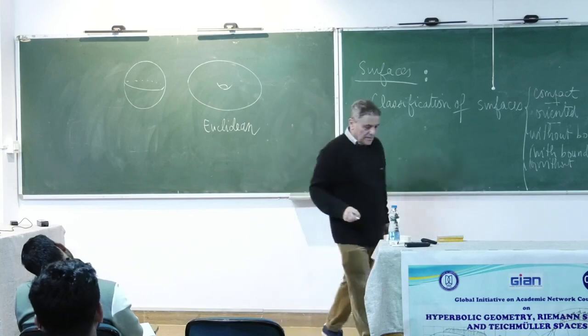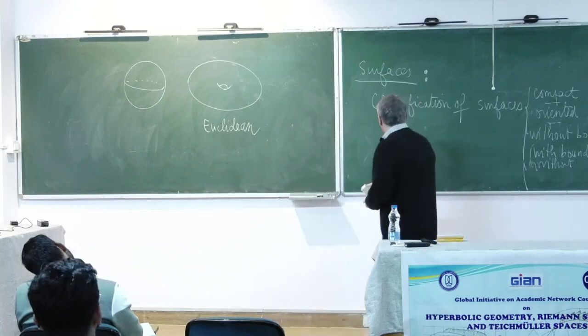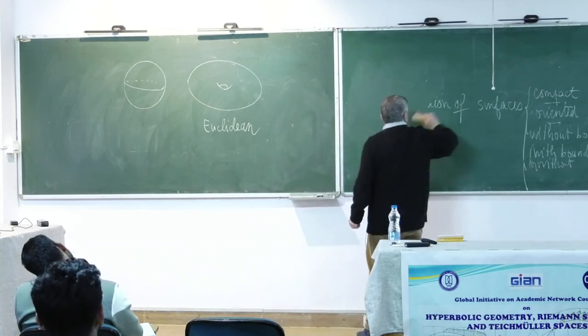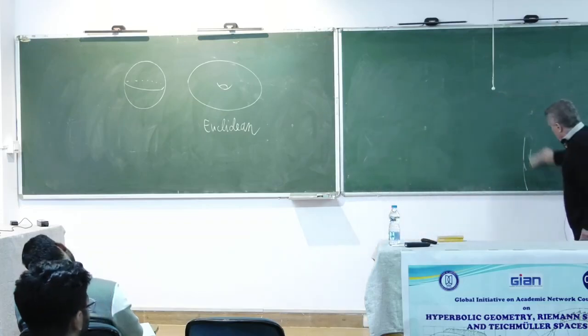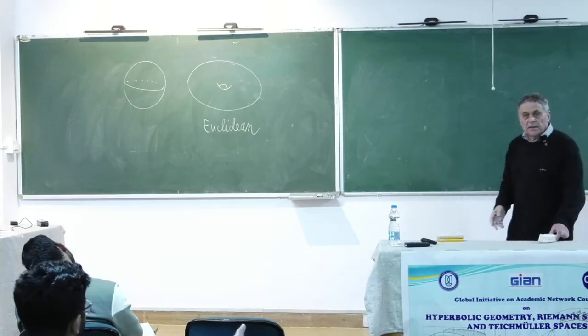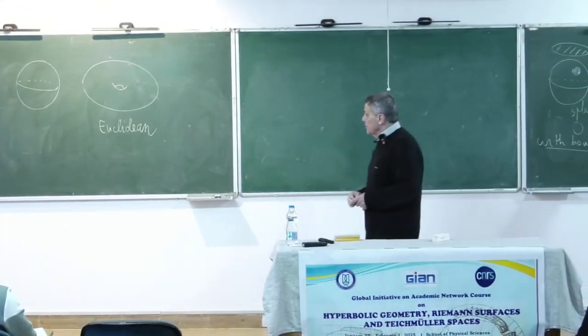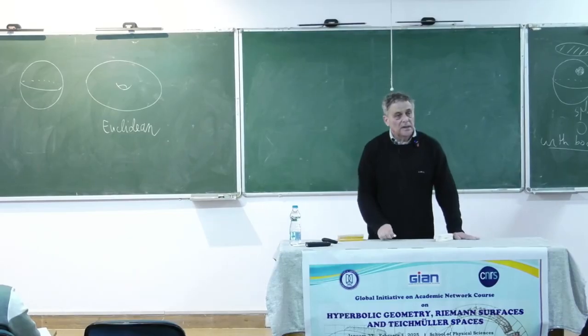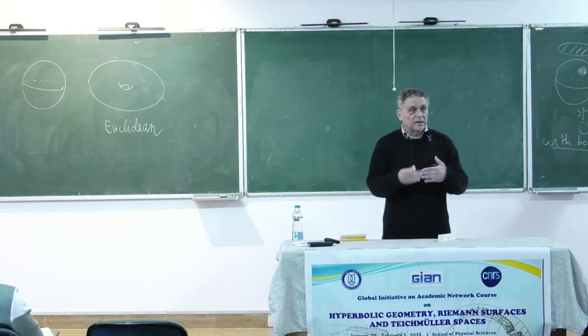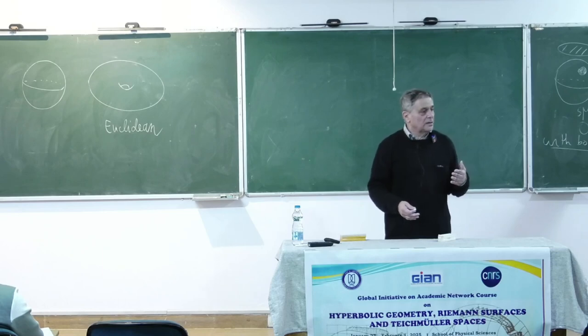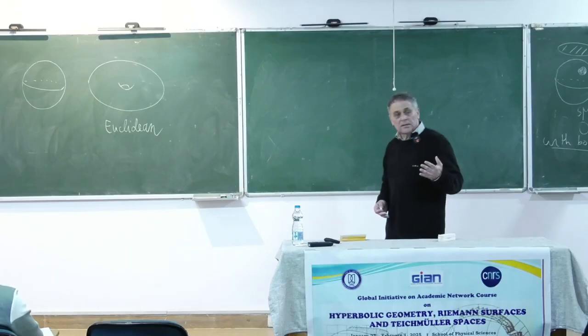This is also something you should know. If not, I want you to learn. Yes, S1 cross S1. So how do you put a metric on the torus, a metric which looks locally like the Euclidean metric? Somebody can tell me? We take a patch in the torus, a square patch, then map it to the Euclidean space.